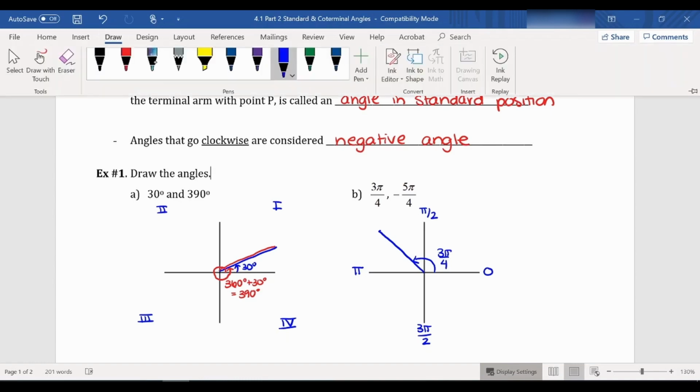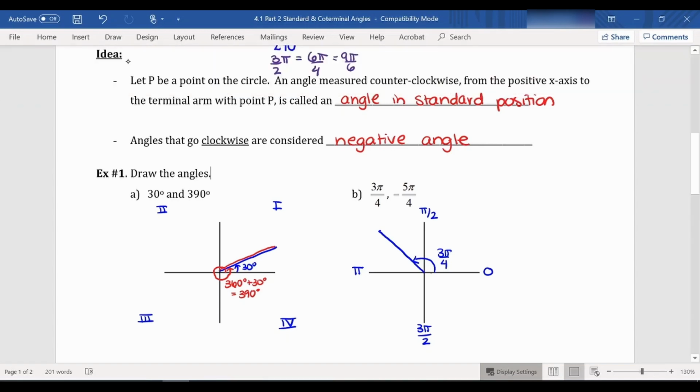Now, the next one's a little bit more difficult. If we traveled negative 5 pi over 4, this means we're traveling the opposite direction. We're going clockwise. So we're starting at that positive x-axis, and instead of traveling up and to the left, we're traveling down and to the left. Pi would be 4 pi over 4, but I traveled 5 pi over 4 in this direction.